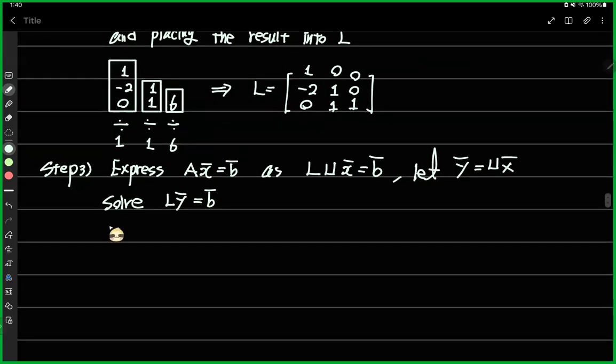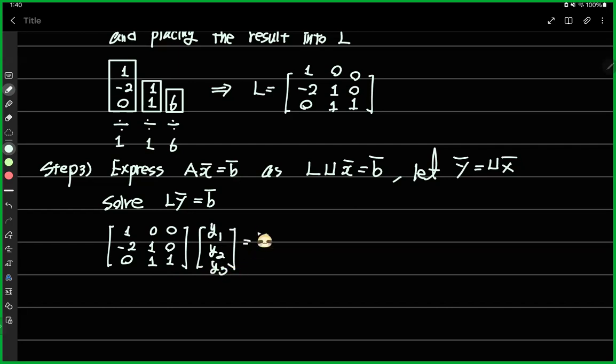Then 1, negative 2, 0, 0, 1, 1, and 0, 0, 1 is equal to Y1, Y2, Y3, and B is 1, 1, 1. It means Y1 must be 1, and Y2 must be 3, and Y3 must be negative 2. So we do the forward substitution.